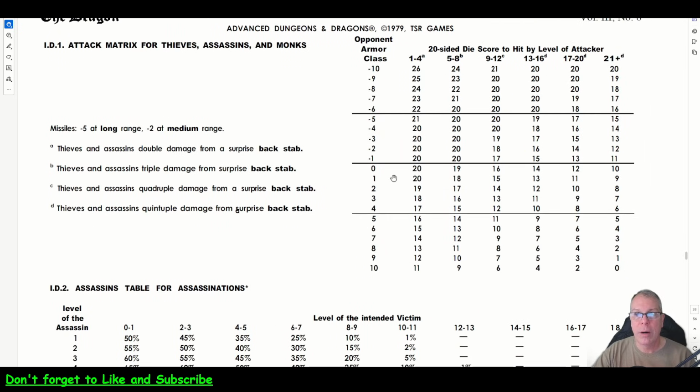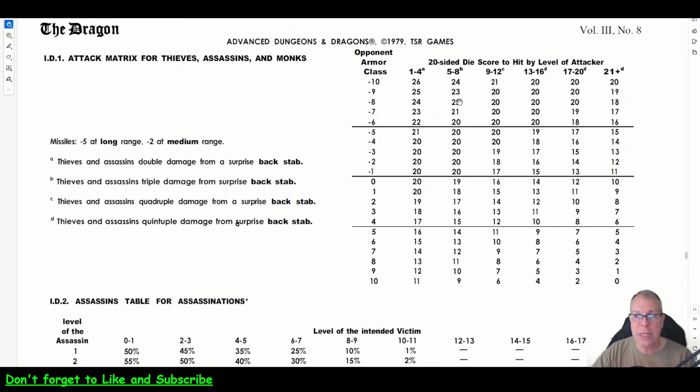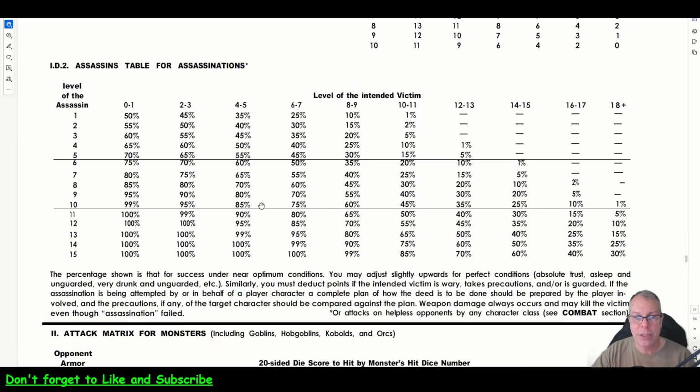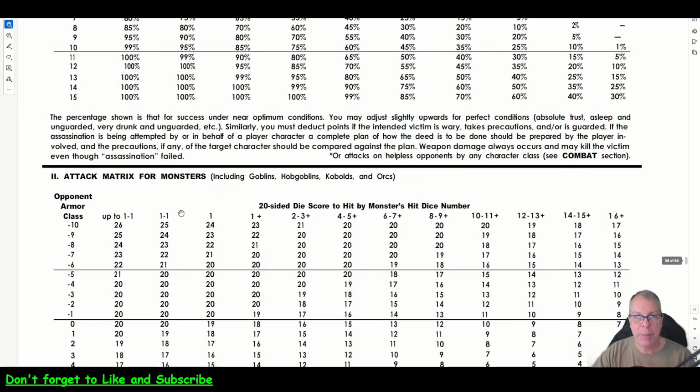Now, here is the to-hit tables for monsters. 20-sided die score to hit by level of attacker. So thieves, assassins, and monks, that would be that one. And then monsters would use one of these tables. And then we've got the assassination table, attack matrix for monsters.